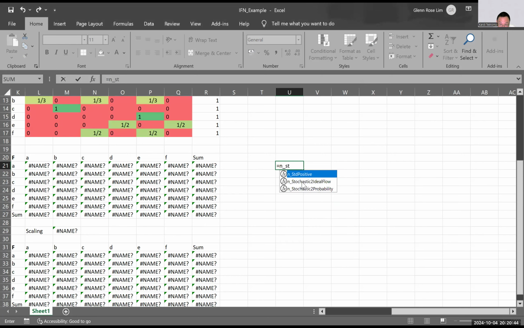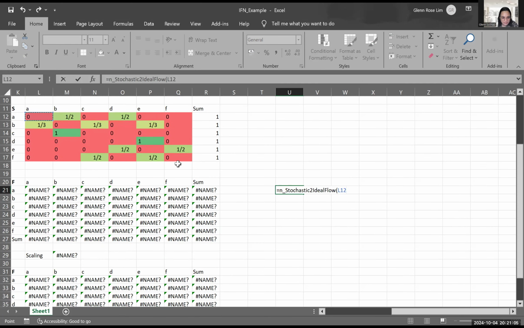Oh, okay. Let me just. You just tap. No need to tap, use your Tab button. There. So you put that.